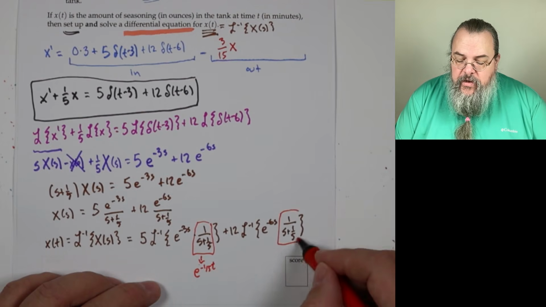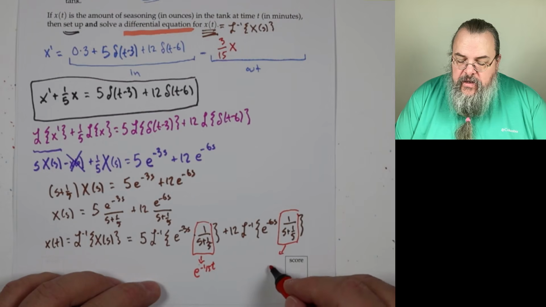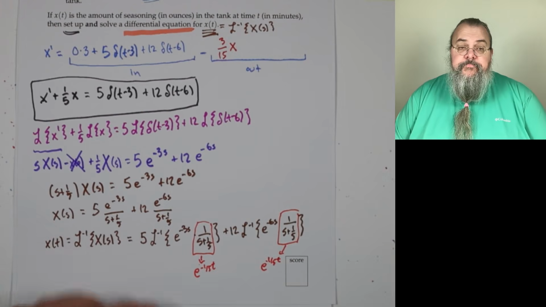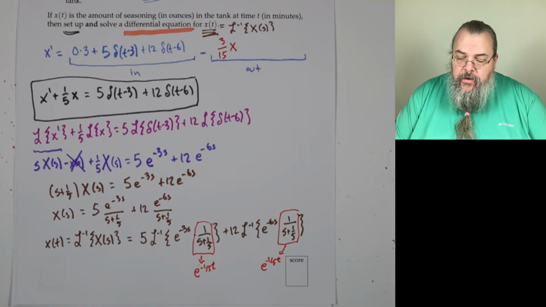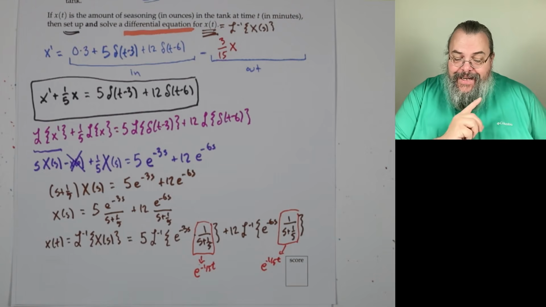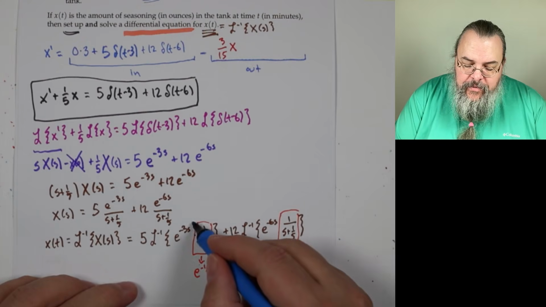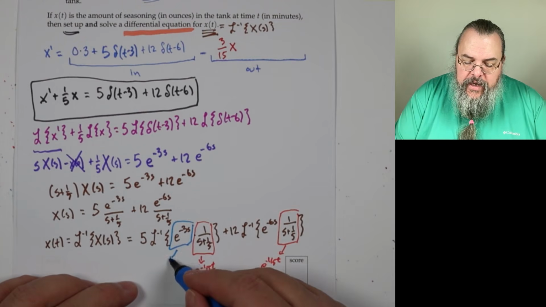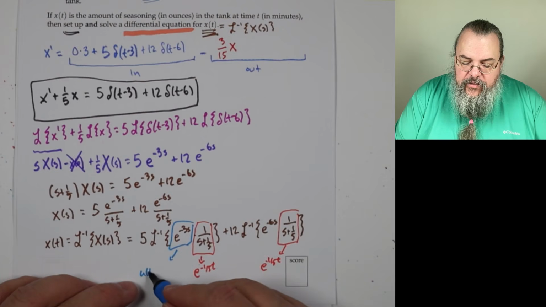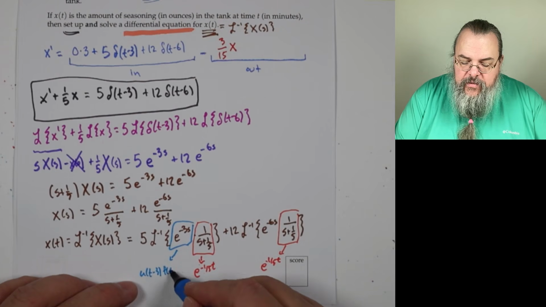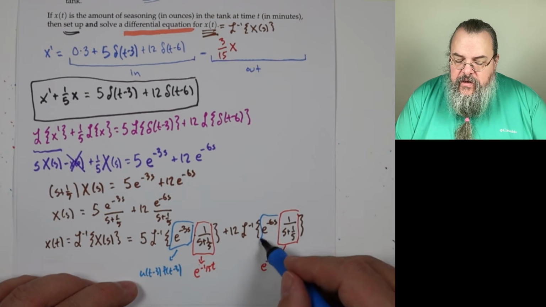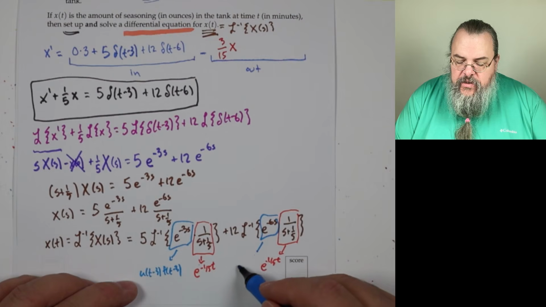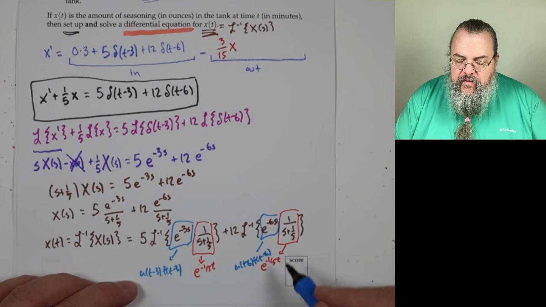And similarly, this part right here looks like e to the minus 1/5 t. But now we combine, and this part says we're going to have an on-off switch at 3, so u of t minus 3, f of t minus 3. Here, we're going to have an on-off switch, u of t minus 6, f of t minus 6.